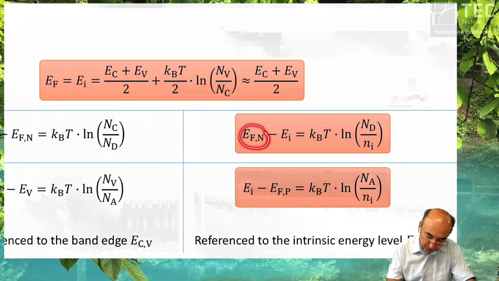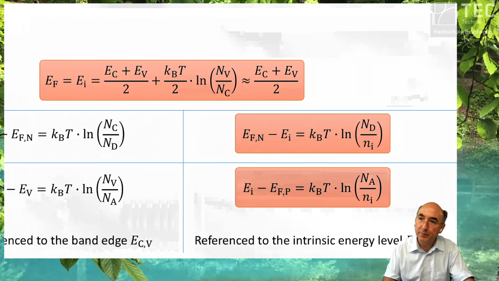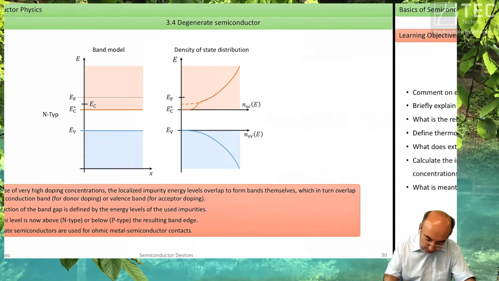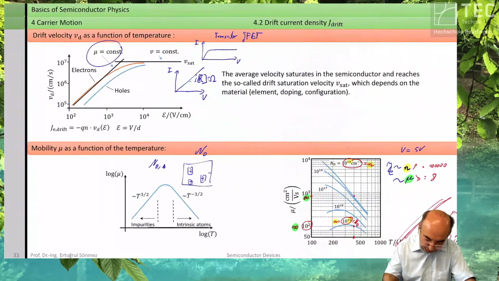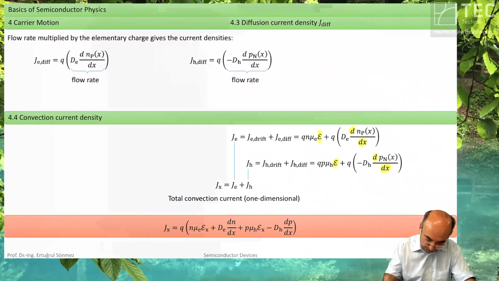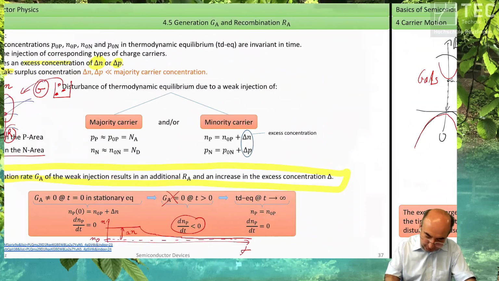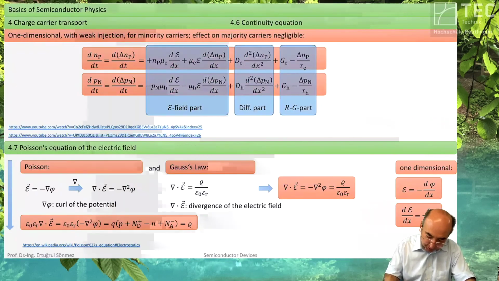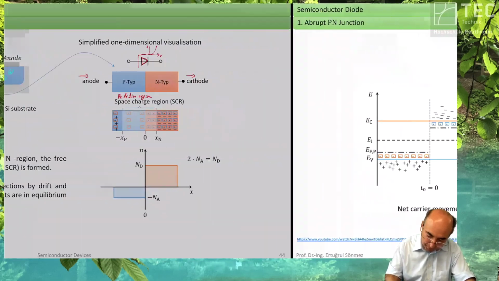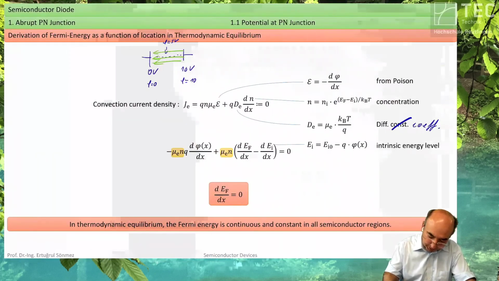So as far as we go away from the intrinsic level, we increase the intrinsic concentration exponentially. The exponential equation we have written down during the calculation of the Fermi level. Let's go to the calculation of the Fermi level. Here we are.